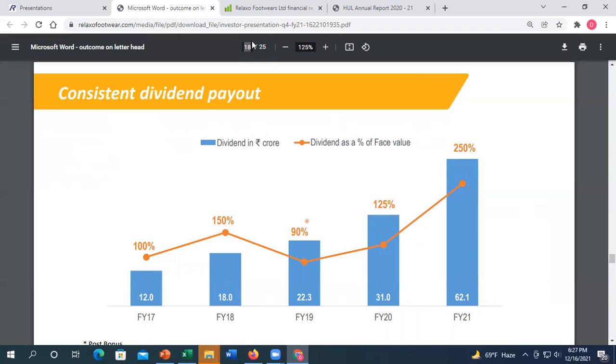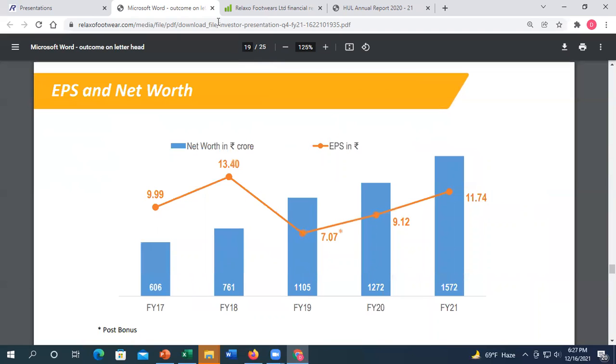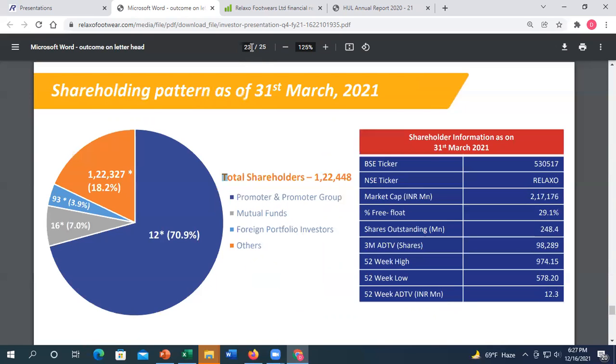Similarly, their EPS has also been rising. The EPS was 9.9 and has become 11.71. And along with the EPS, the net worth, which is the equity of the company, increased from 600 crores to 1,572 crores. Let us also get an idea about their shareholding pattern. The purpose of showing this is that this is not a company we often talk about in business schools.